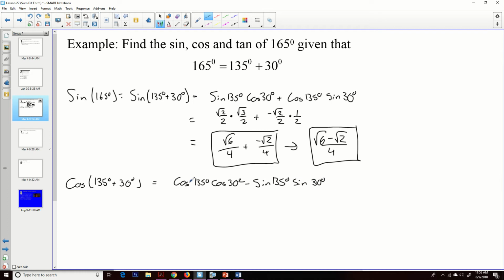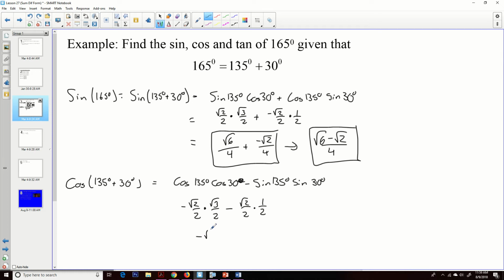And we can fill in those blanks. The cosine of 135 degrees was negative square root of 2 over 2. The cosine of 30 degrees is square root of 3 over 2. Then it's minus the sine of 135 degrees, which is square root of 2 over 2, and the sine of 30 is a half.